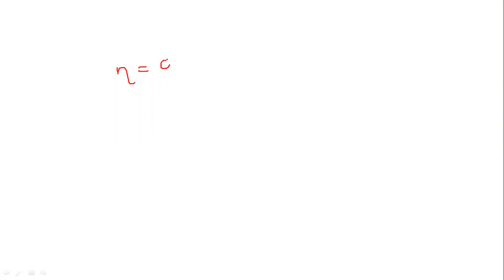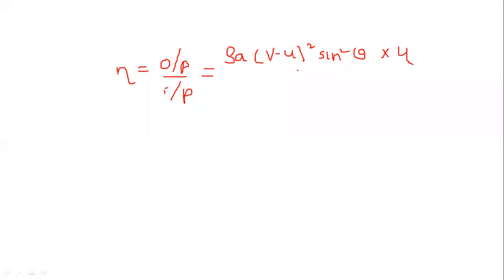Efficiency is output upon input. Output is nothing but the work done per second. And what was work done per second? Rho A (V minus U) whole bracket square sine square theta into U. Input is what? Kinetic energy of the jet. So what is kinetic energy of the jet?